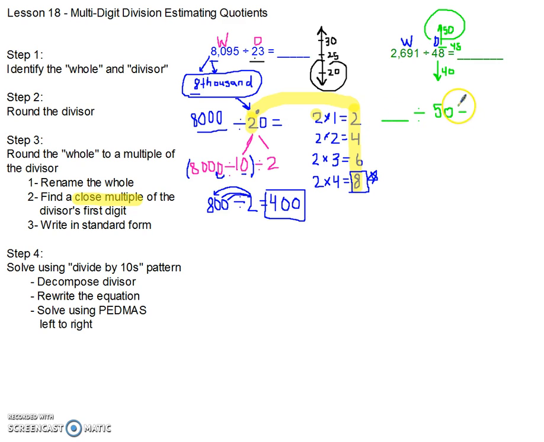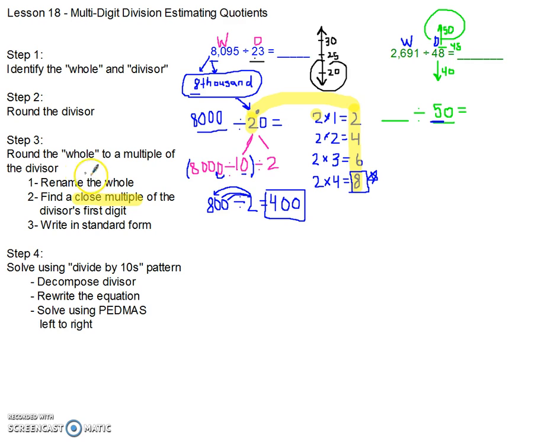And now I need to find my rounded whole. In this case, we're going to have a couple different options. We want to round the whole to a divisor of 50, and in order to do that, we're going to take a look at the 5, and we're going to be looking for multiples of 5 because that's the first number in the divisor.